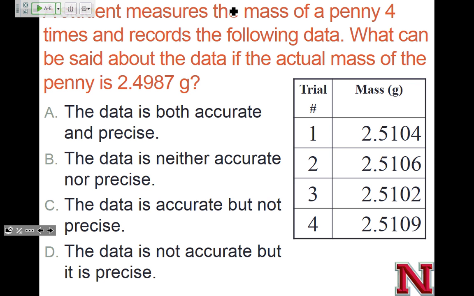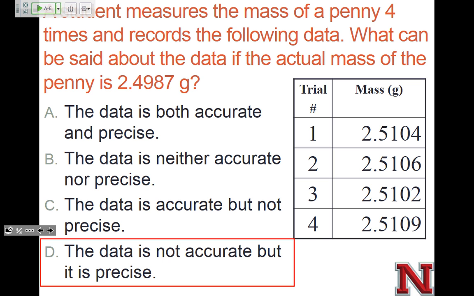So looking at this one, and even though the number was slightly different on the quiz, what we can say is that the data is, in this case, very precise, but it's not very accurate because it's still off by a decent amount. Again, look at all the significant figures we have. Don't just go by 2.5.